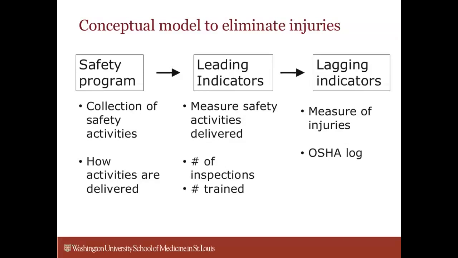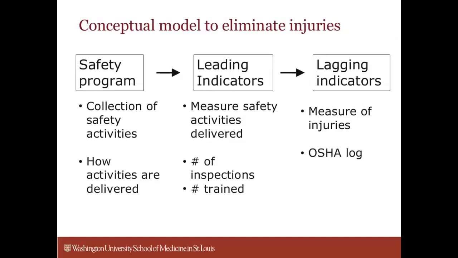So instead, contractors should consider using leading indicators, which show that the safety program that they have developed is actually being implemented. Safety programs, then, are a collection of safety activities, but it is also how those activities are delivered.